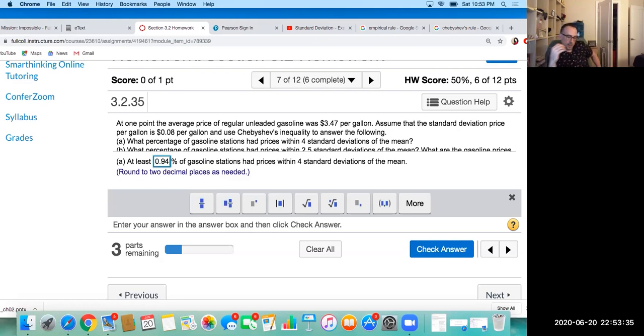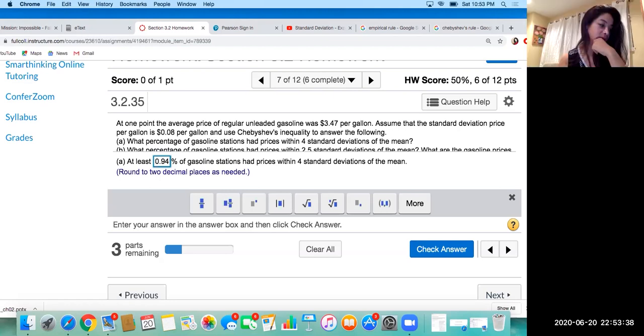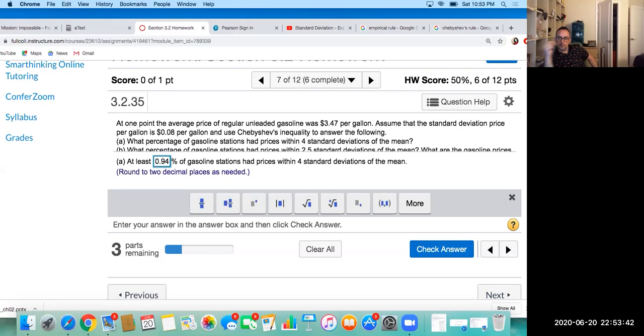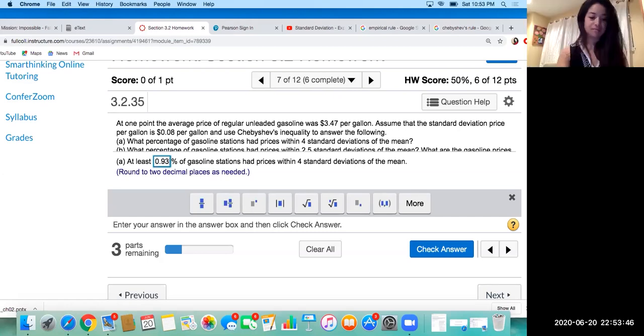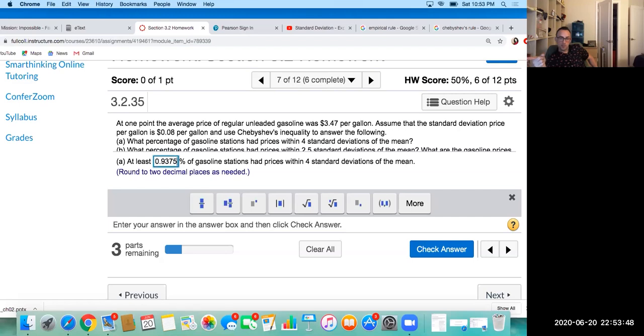Whatever 15 over 16 is. It's 0.9375, but this is a percent, so put 93.75. It wants the percent, not the decimal. You have to convert what your calculator gave you to a percentage. Yes. So 93.75.